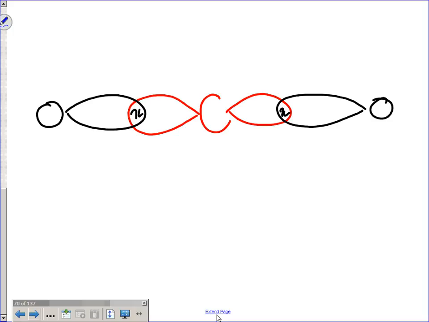So p orbitals. Let's just say I had my s orbital and I put my px orbital in that blend. So I made my 2 sp hybrids. That's why I'm drawing them horizontally here. Now what are still left then? Py and pz. So I'm going to draw one up and down on my carbon.